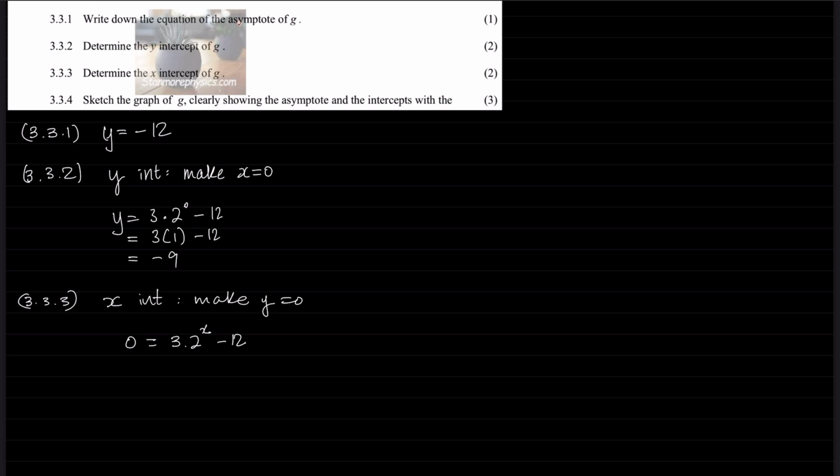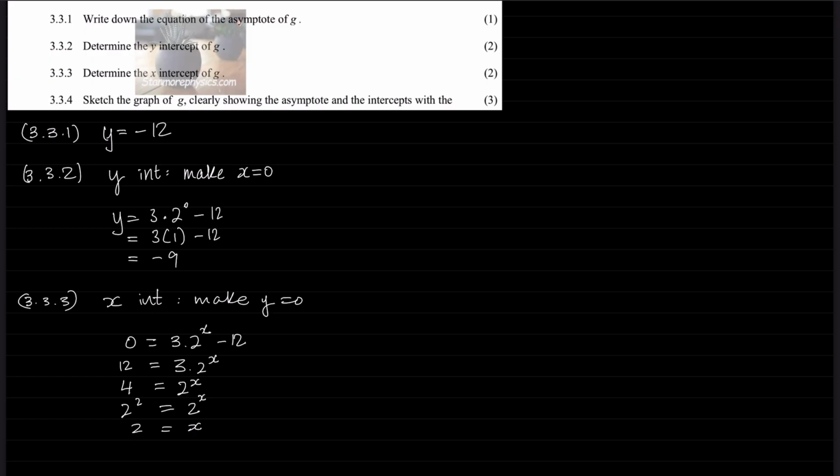Take the minus 12 across, you're going to get 12 equals 3 times 2 to the power of x. Divide both sides by 3. You're going to get 4 is equal to 2 to the power of x. That means now you can rewrite 4 as 2 to the power of 2 equals 2 to the power of x. Drop the bases, 2 is equal to x. So the x-intercept is 2.